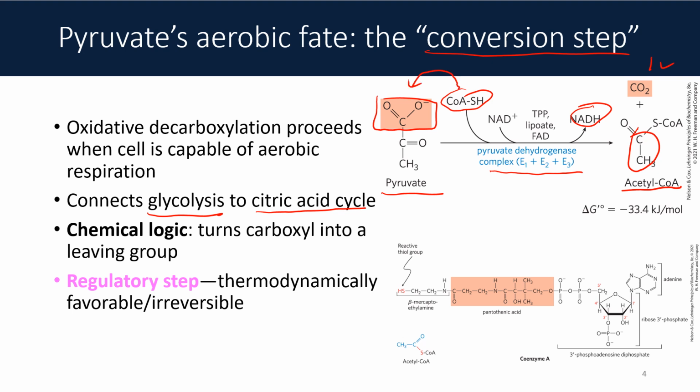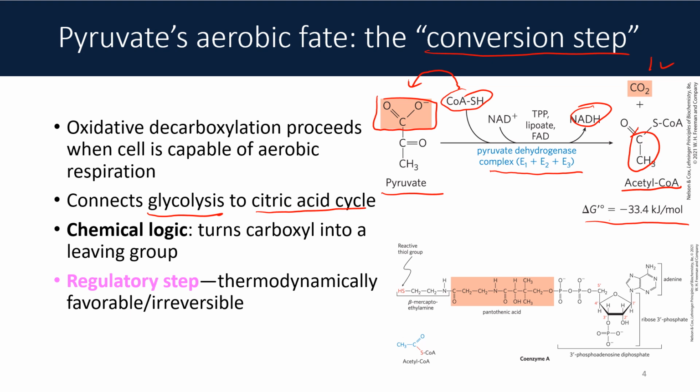And it will do this through a very intricate mechanism. This mechanism is also very thermodynamically favorable. Its delta G is negative 33.4 kilojoules per mole. So it is favorable and hence irreversible and tightly regulated.